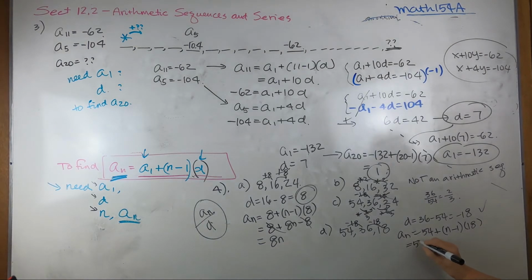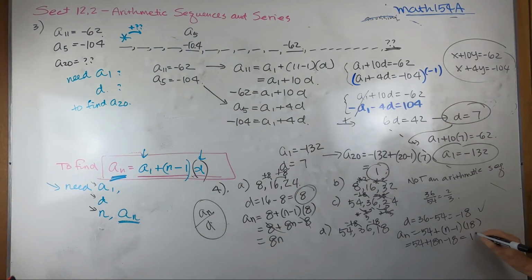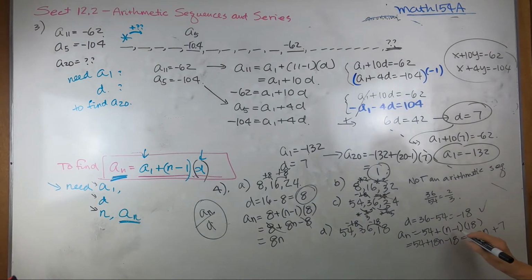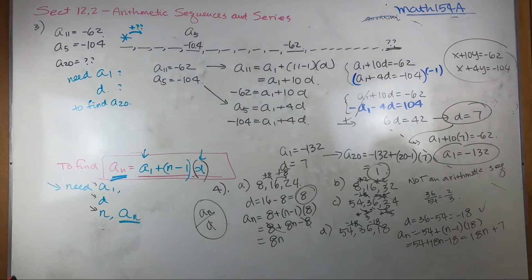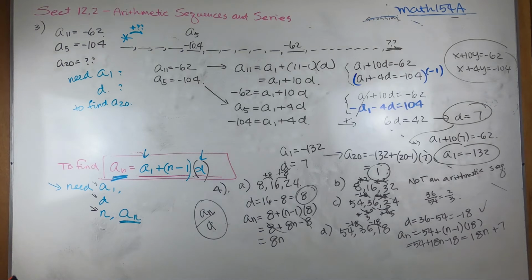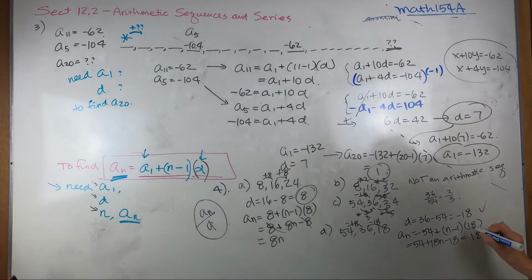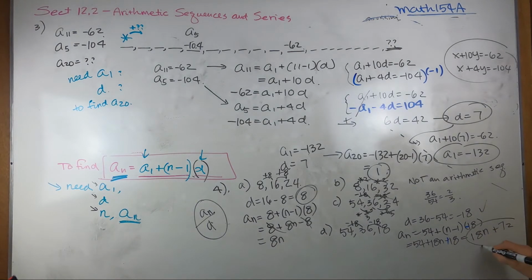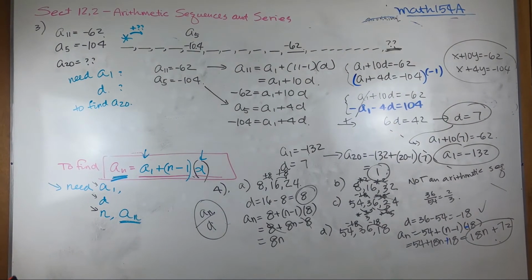So that would be 54 plus negative 18N plus 18. Usually you will miss this, see, the negative, okay? So 54 plus 18, it's 72. That would be your general term, 72 minus 18N.